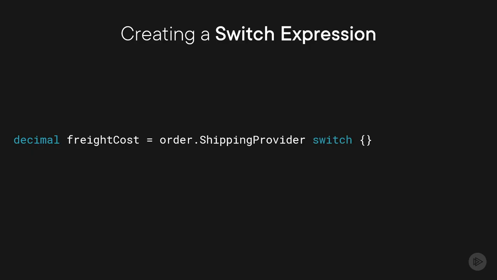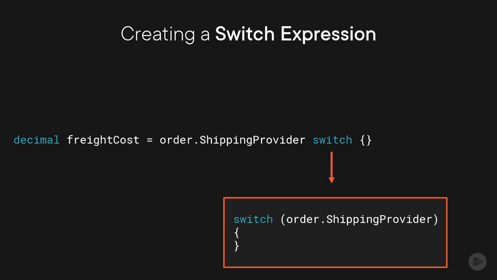The switch expression has a few important components. First, you start off with where you'd want to put the result. This could be assigning it to a local variable. On the right-hand side of this assignment, you first indicate which value, tuple, or object you want to produce a switch expression for.